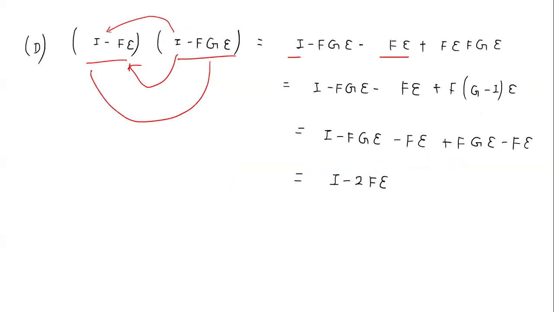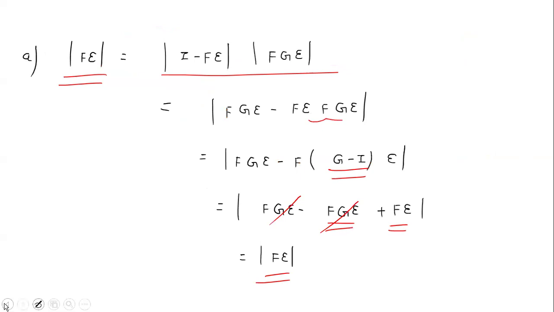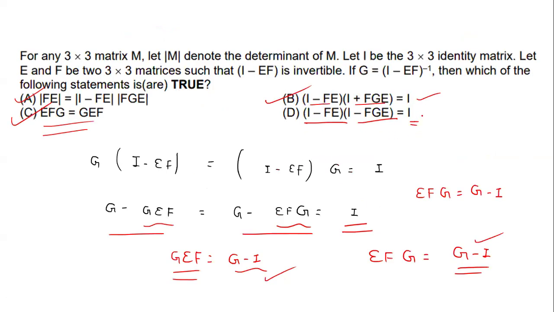And if you multiply this FGE inside to these two terms, you have minus FGE and plus FEFGE. We know we can write this EFG as G minus I. So from here you have two terms FGE and minus FE. So this will cancel, and this FE will not cancel, and it will come like I minus 2FE. So this is not equal to the identity matrix. So this option is wrong.